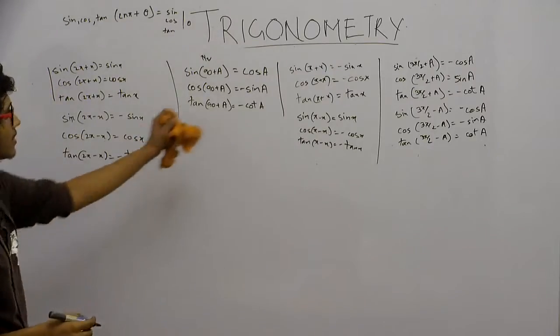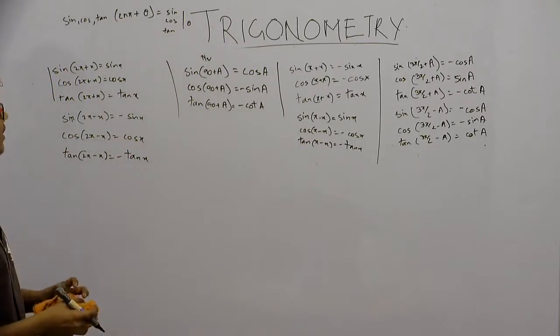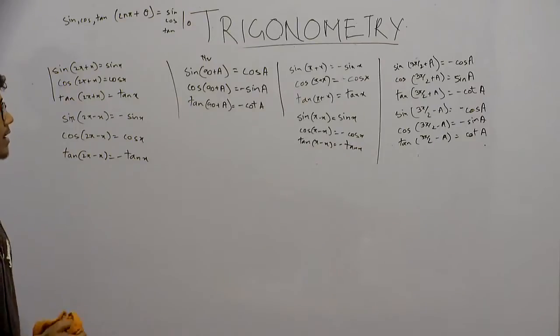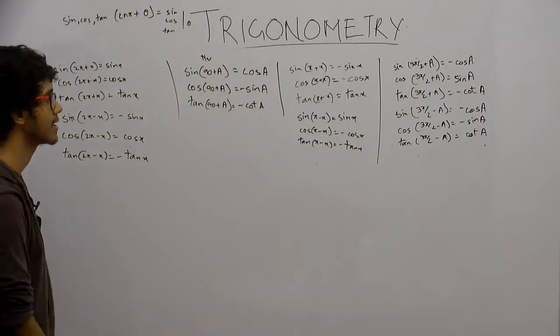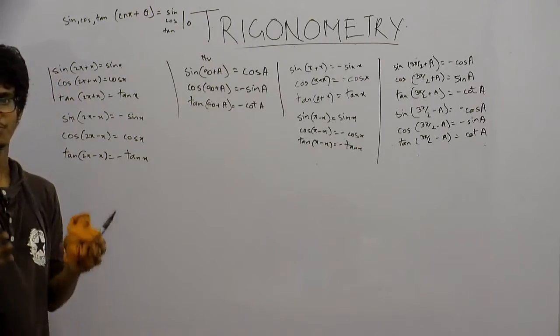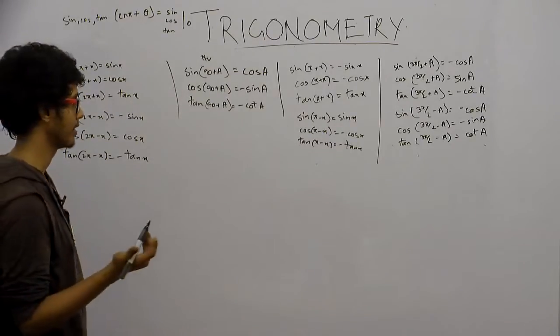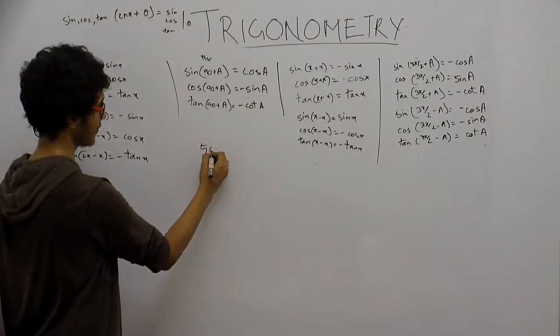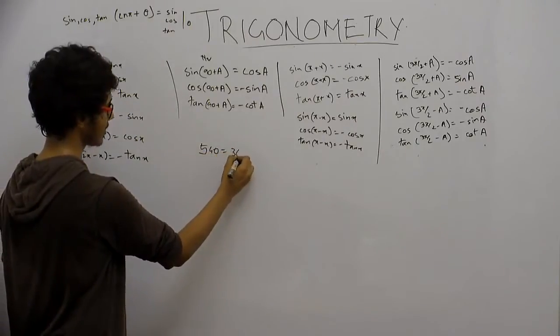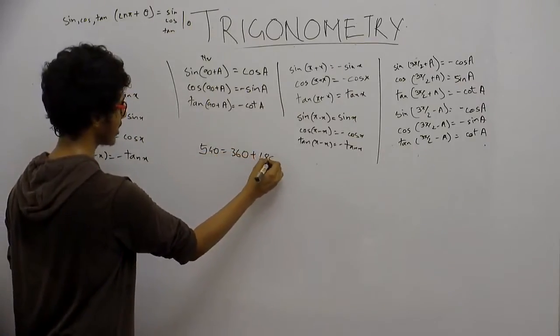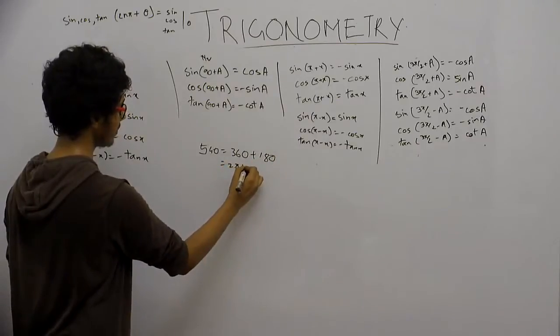The rest can be generalized in a similar fashion if you try, but I would suggest that if you are given really large angles, try to break them up into multiples of 360 and then proceed from there. Suppose you are given an angle like 540. Now 540 equals 360 plus 180, 2 pi plus pi.